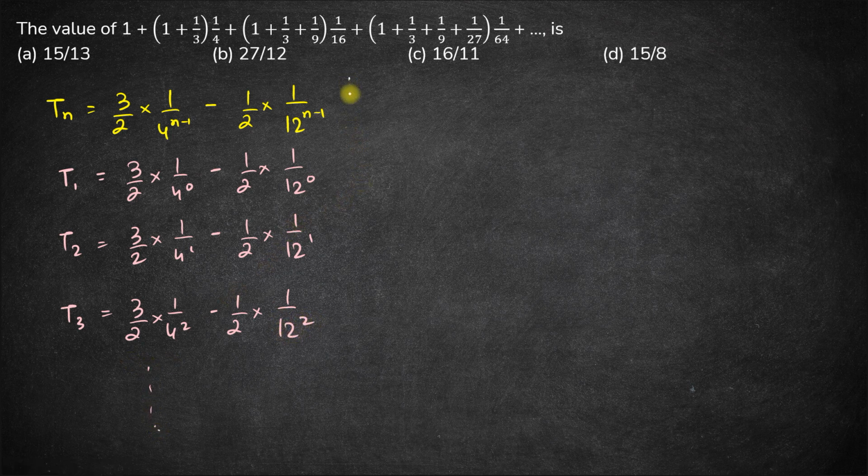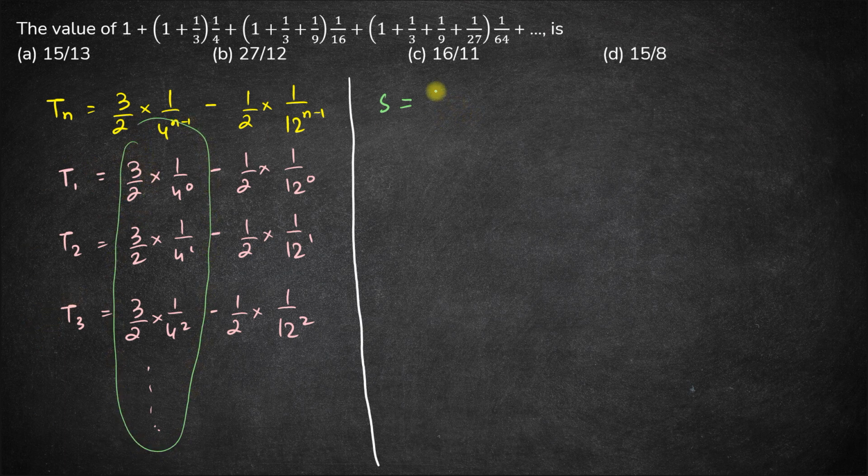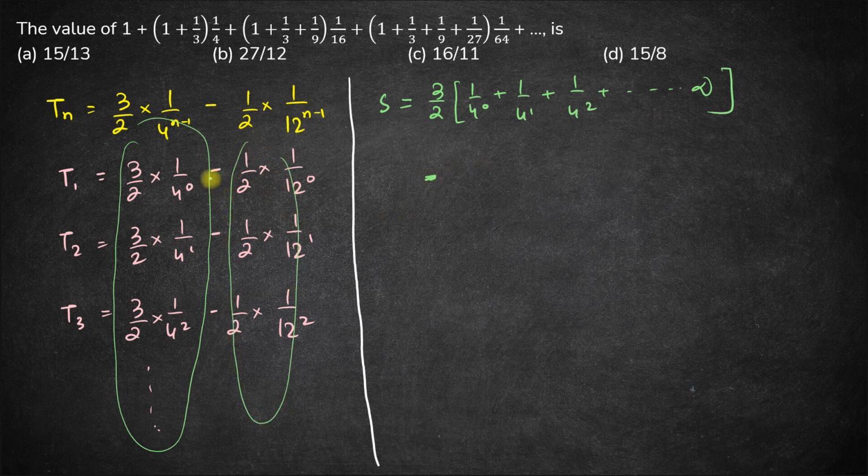This will go on. Now if you calculate the sum, as in if you add all these terms, will get added, and you can take 3 by 2 common and you'll get 1 upon 4 to the power 0 plus 1 upon 4 to the power 1 plus 1 upon 4 to the power 2, so on till infinity, minus all these terms will also get added, so you'll take minus half common, and then you'll have 1 upon 12 to the power 0 plus 1 upon 12 to the power 1 plus 1 upon 12 to the power 2, so on till infinity.